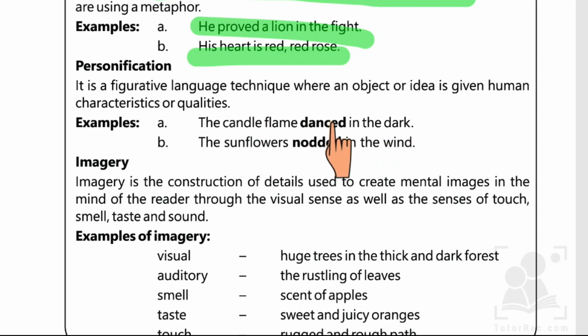A candle flame can never dance, it's a human quality. The sunflowers nodded in the wind. Nodding your head is a human characteristic given to the flowers. So in personification, human characteristics are given to an object or idea, such as candle flame danced, sunflowers nodded.